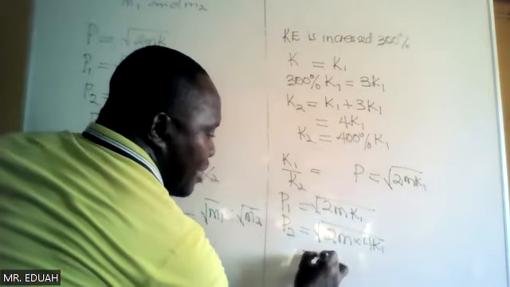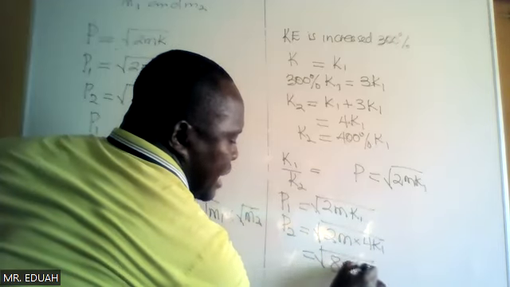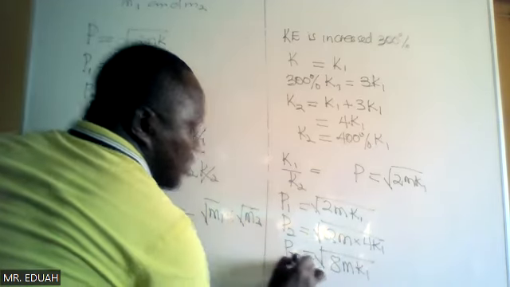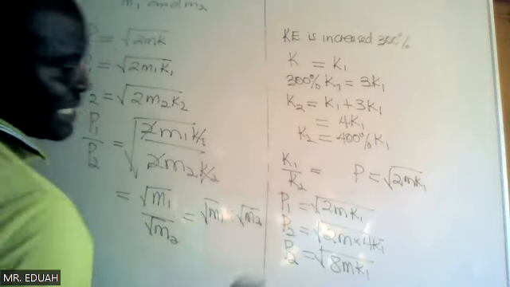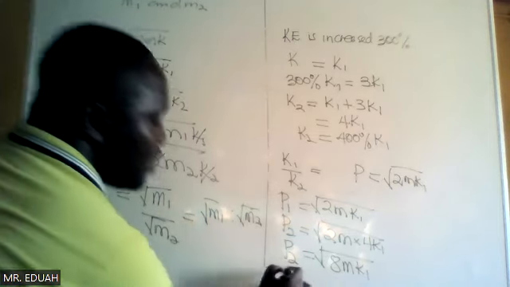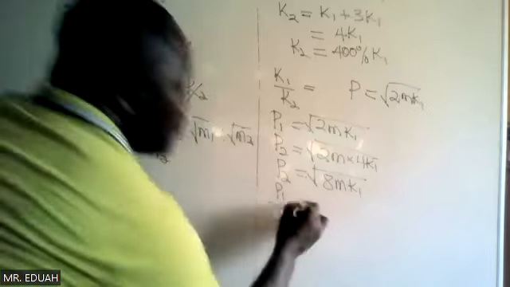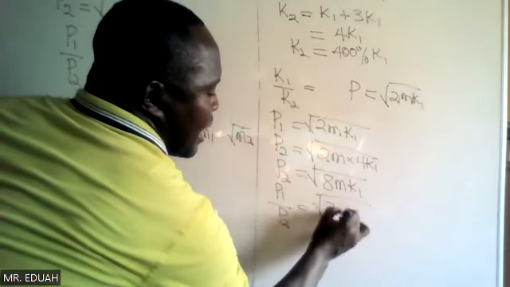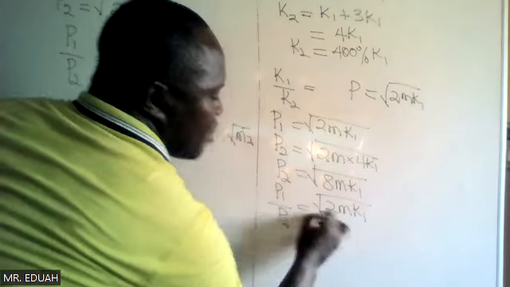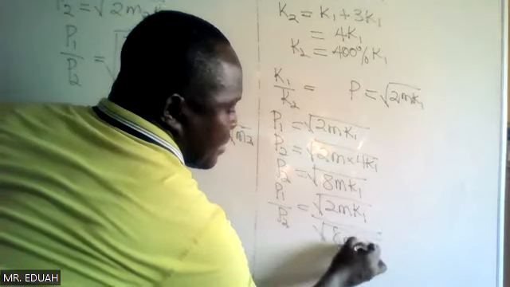Therefore, I have root of 8mK1 as P2. So let's take the ratio of their momenta and see how it will change. So P1 on P2 is equal to root of 2mK1 over root of 8mK1.